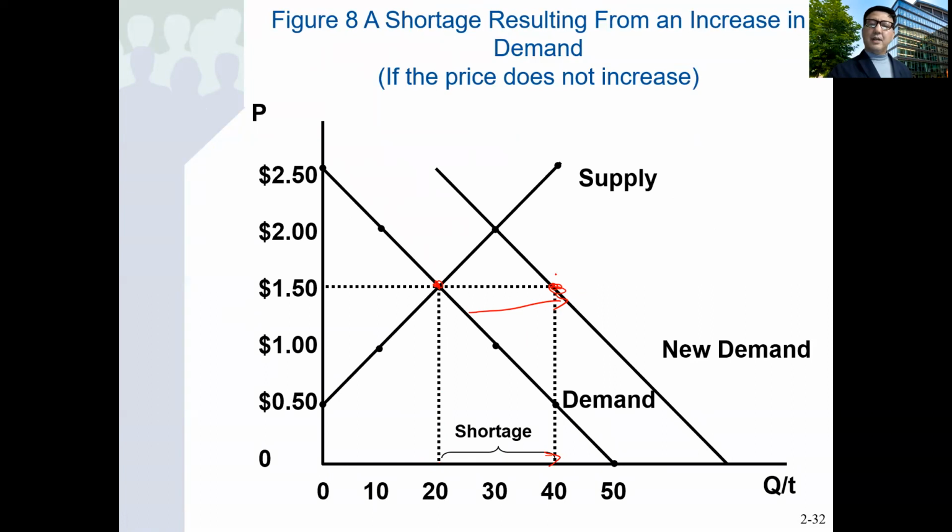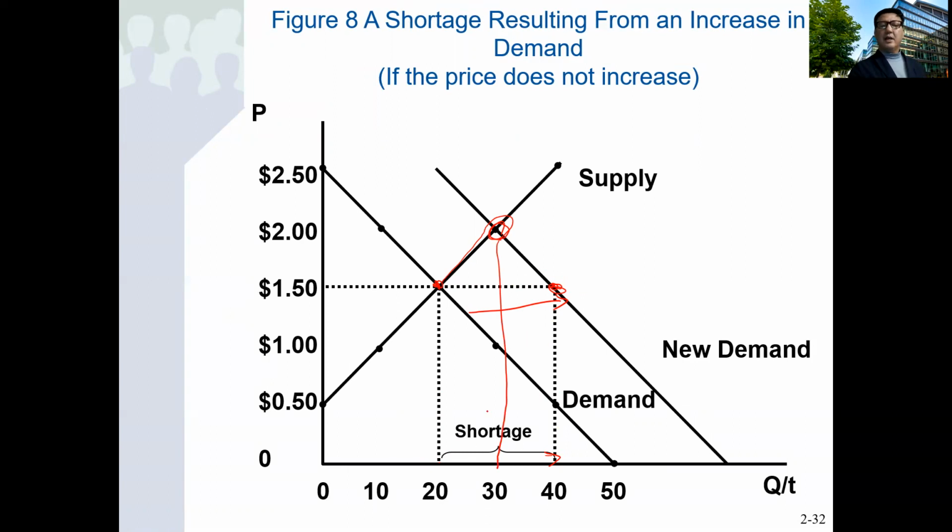So he'll probably produce this much more. Instead of 40, well, he's going to increase the price, okay, and this is going to be the new equilibrium.